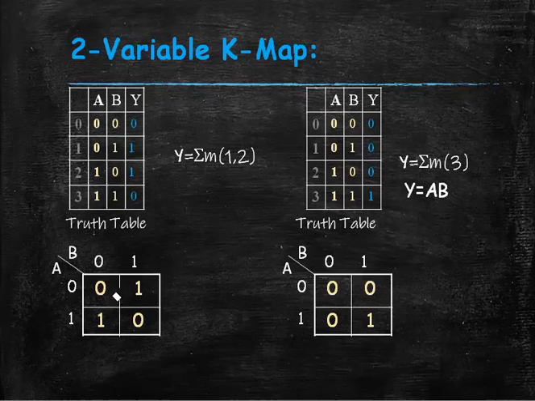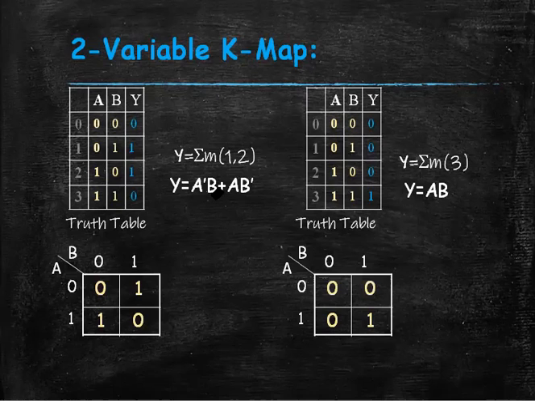Then the logical expression must be the sum of 1 and 2. That means Y is equal to A bar B or AB bar. Okay. Y is equal to, this position is for A bar B. The reason is A is 0, that means A bar. Then A bar B is 1 for this position. Then A is 1 and B is 0, AB bar.